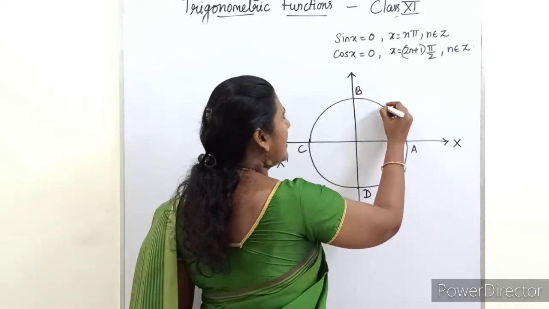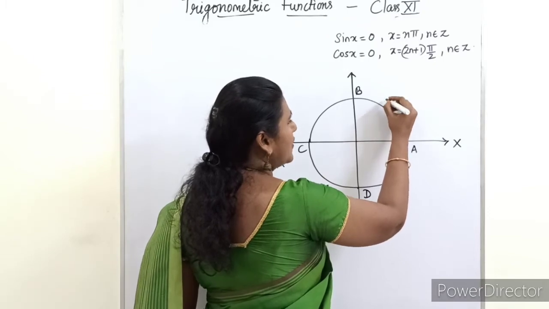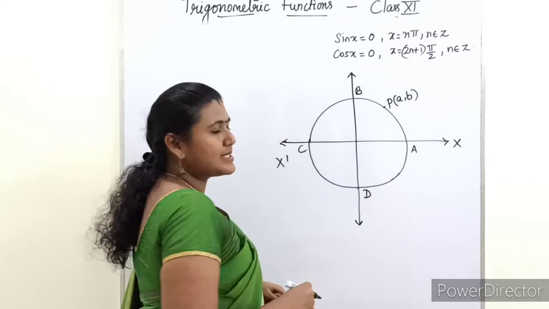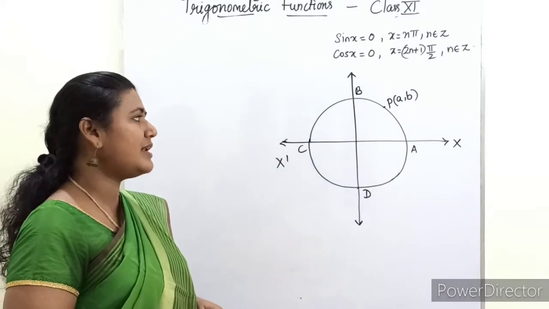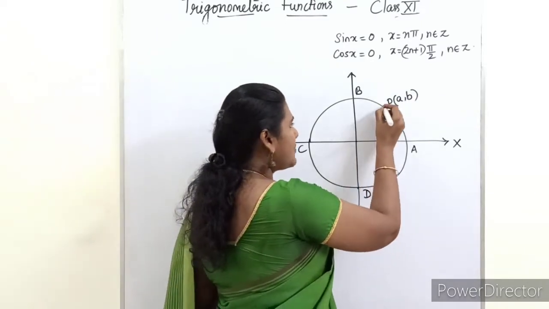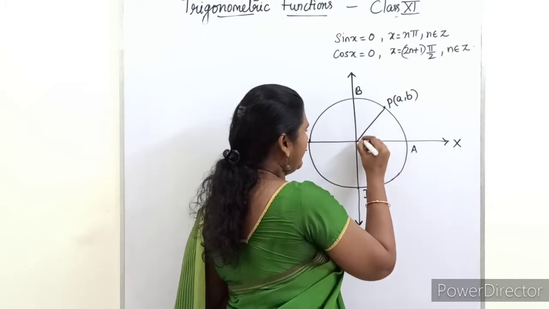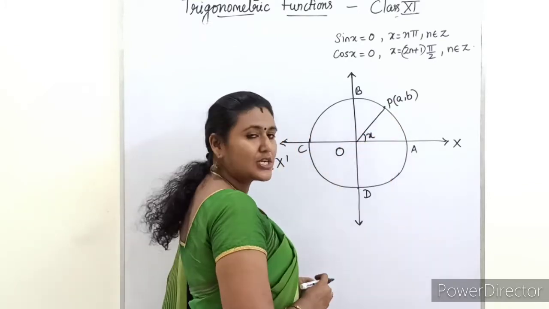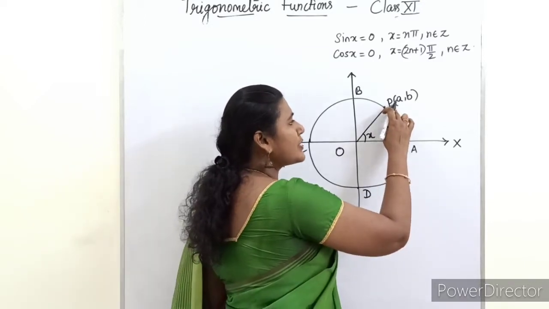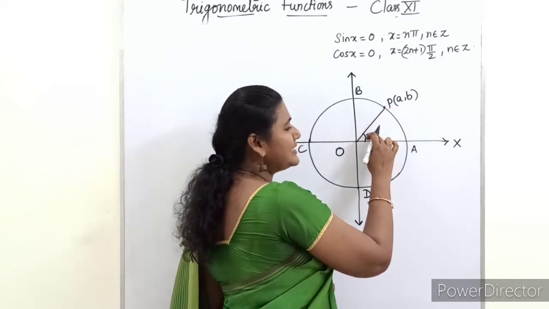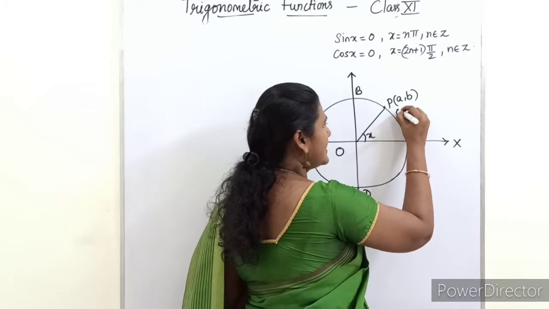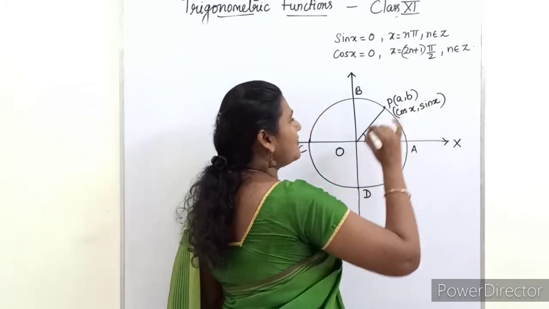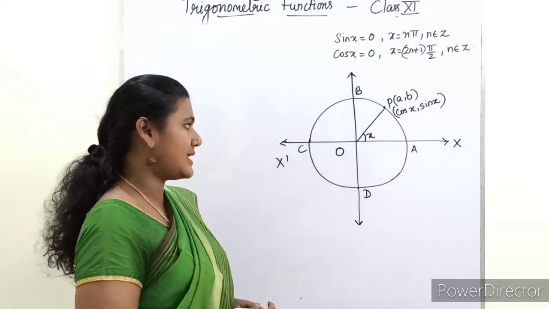Here I am taking any point P on the circle. The coordinate of P will be A and B, and suppose this point P subtends x radian with the positive direction of x-axis. How to represent this point P in terms of x? We have already seen this, that is cos x comma sin x. So the coordinate of P will be cos x and sin x.